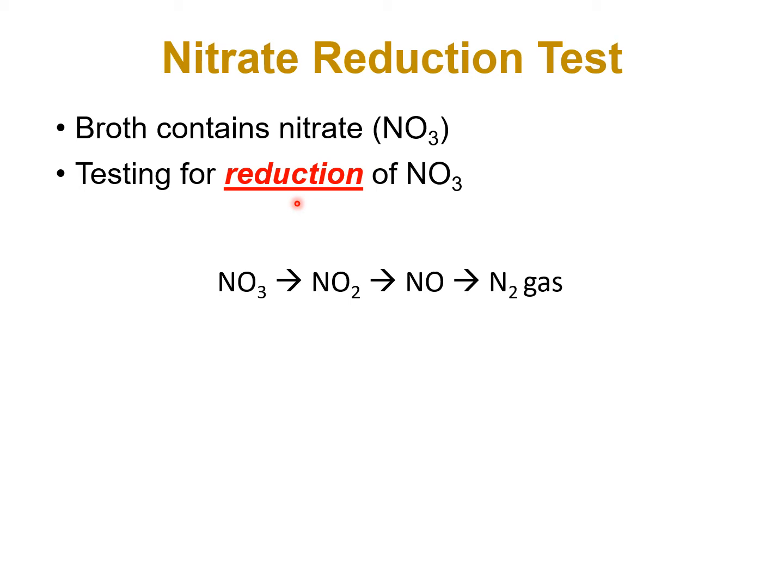If you go back to the PowerPoint where we were talking about aerobic versus anaerobic respiration, we said that bacteria capable of anaerobic respiration can use other things like nitrate, instead of oxygen, as their final electron acceptor during the electron transport chain.